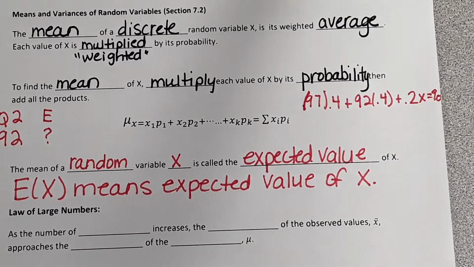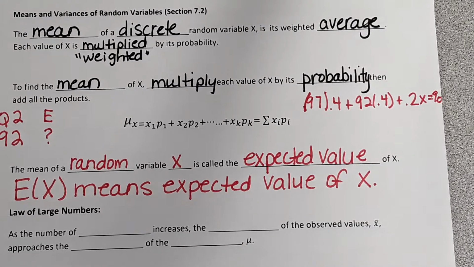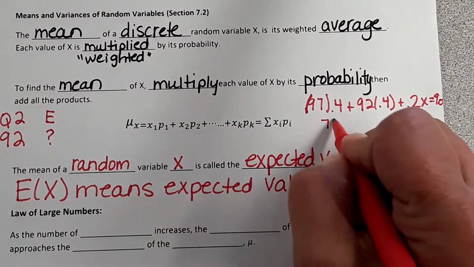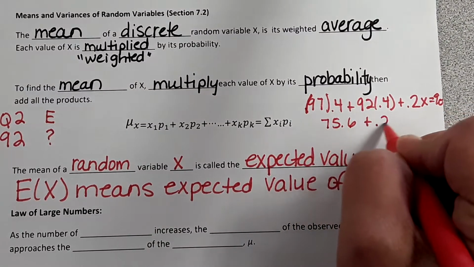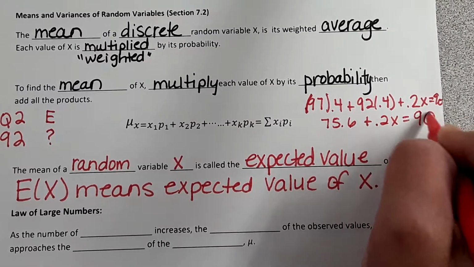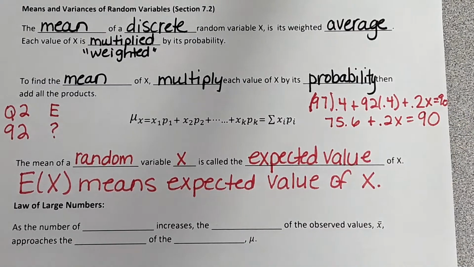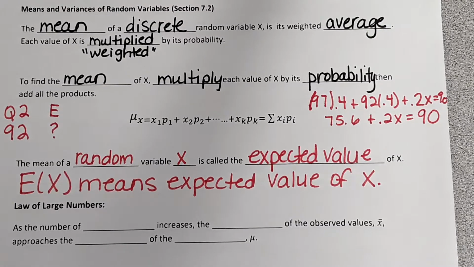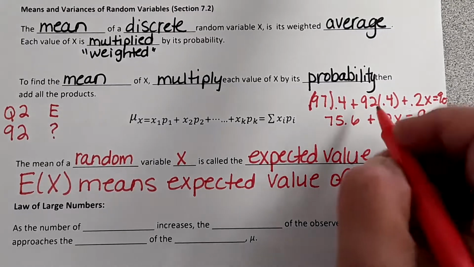Okay, so 97 times 0.4, right? Plus 92 times 0.4 is 75.6, plus 0.2x equals 90. 90 being our expected. 90 minus 75.6, divided by 0.2.